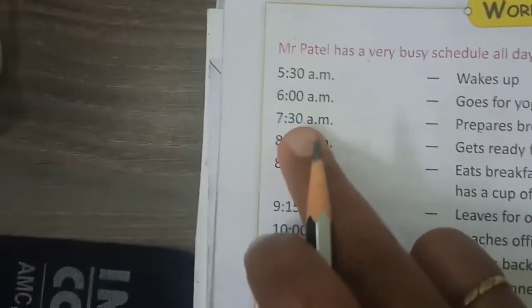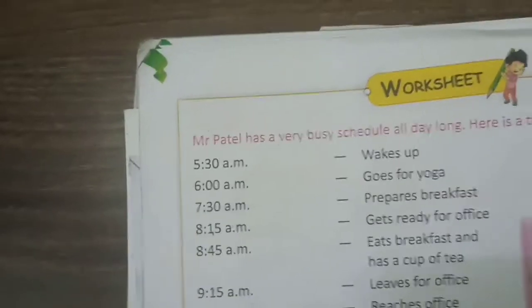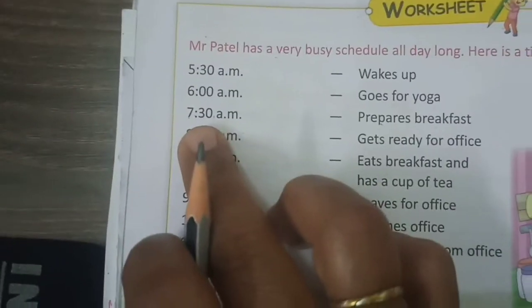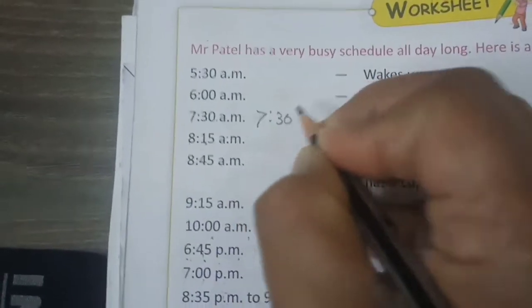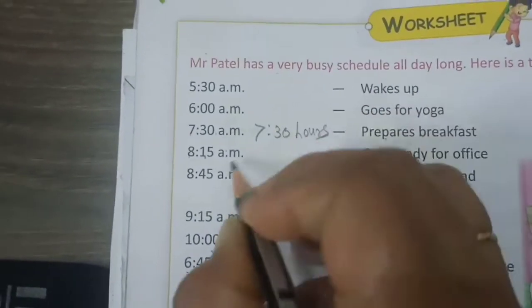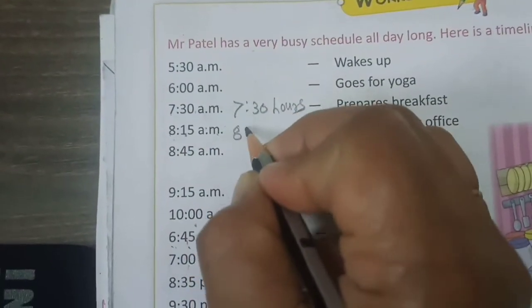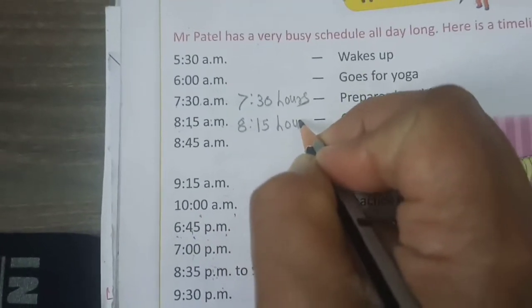See here, 7:30 a.m. in 24 hours will be 7:30 hours. Then 8:15 a.m. will be 8:15 hours.